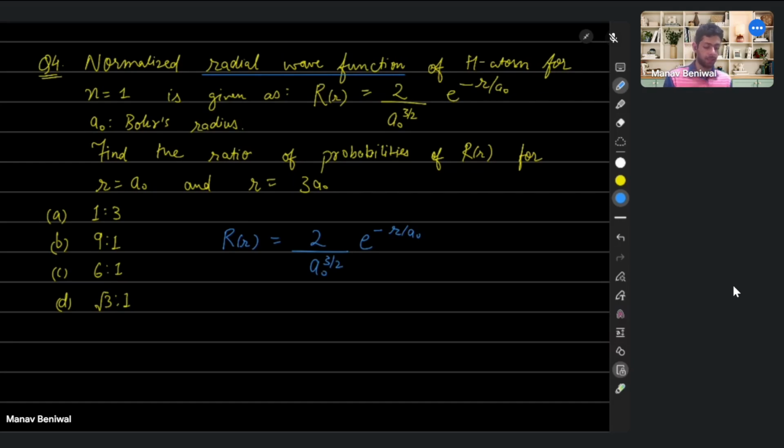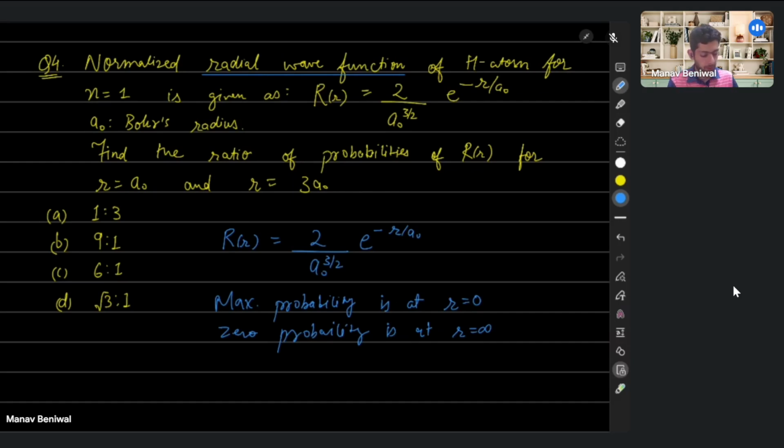So maximum probability is at r equals 0, and then 0 probability at r equals infinity.